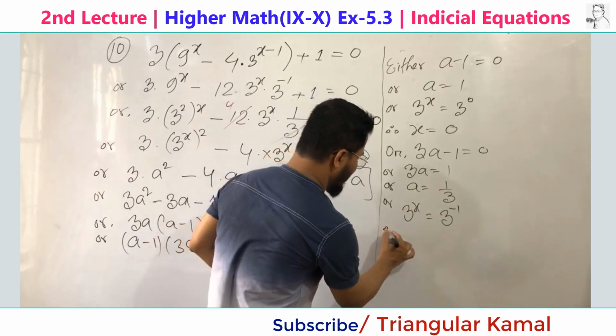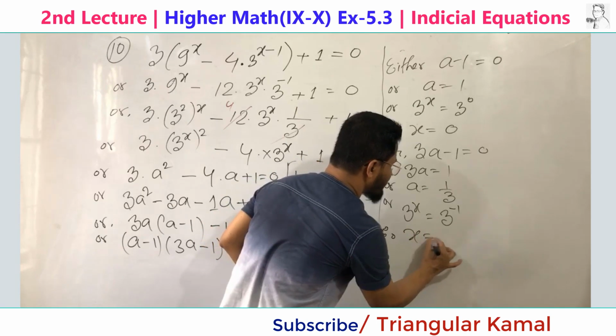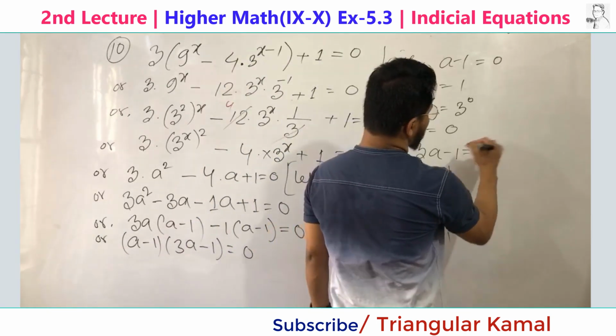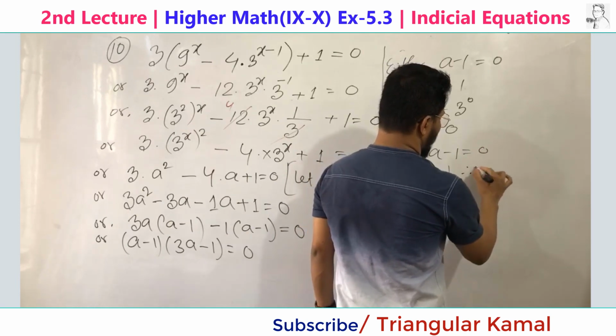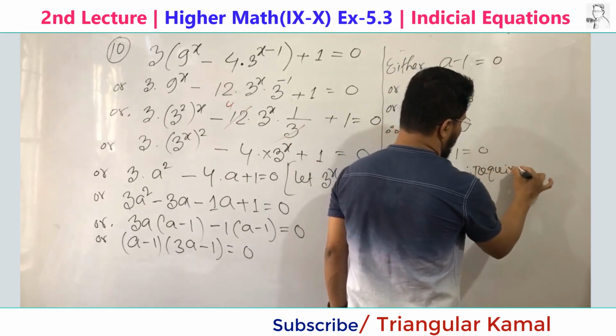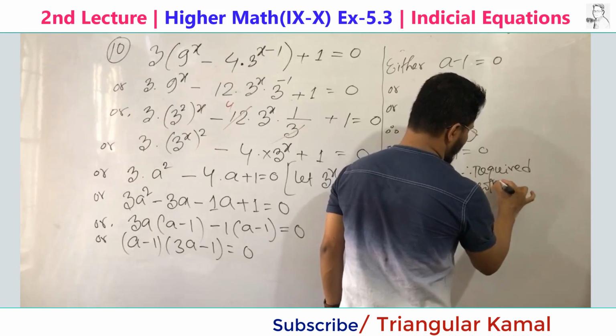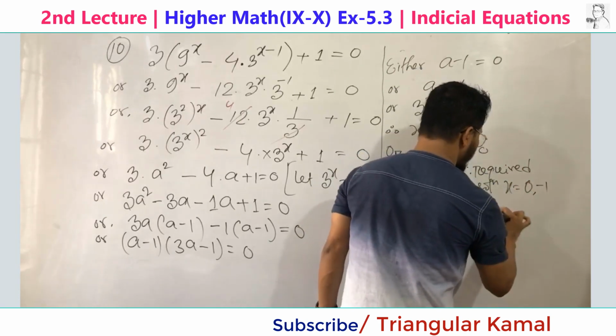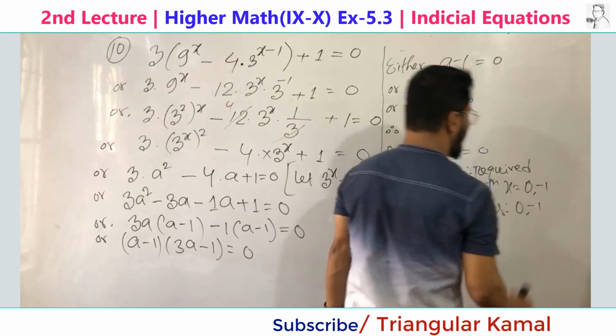Now in both cases the bases are the same, so the indices are also the same. So the required solution is x equals 0, minus 1. The answer is 0, minus 1.